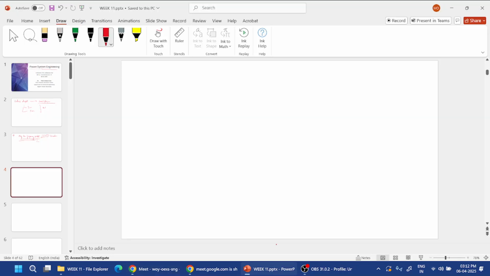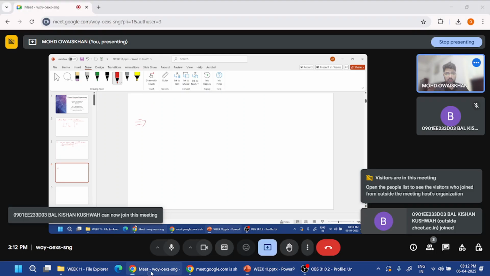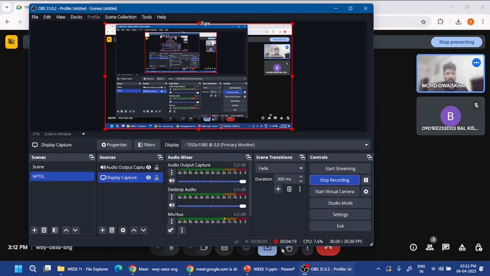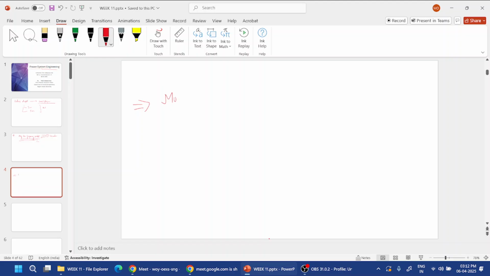I have also talked about various generator models. Okay, generator models. We talked about that also.